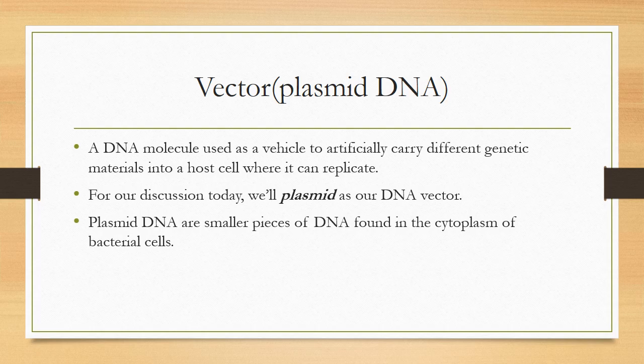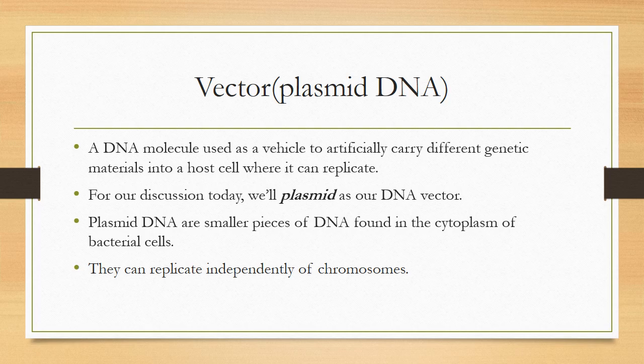These plasmid DNAs are circular forms which are also in the cytoplasm, and they can replicate independently of the chromosomes. Because of this, they are called extrachromosomal material or extrachromosomal DNA.